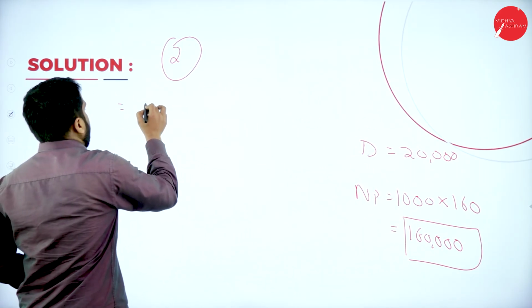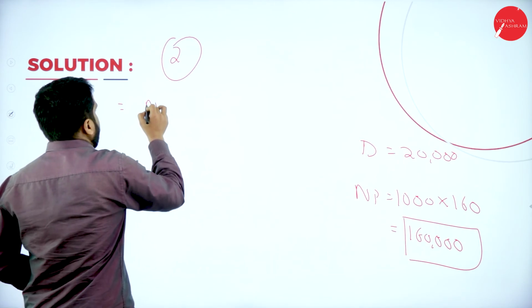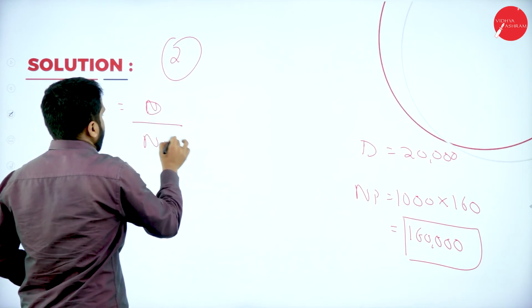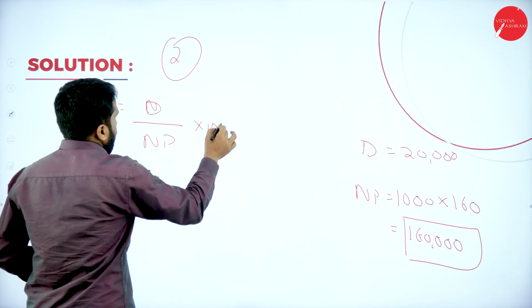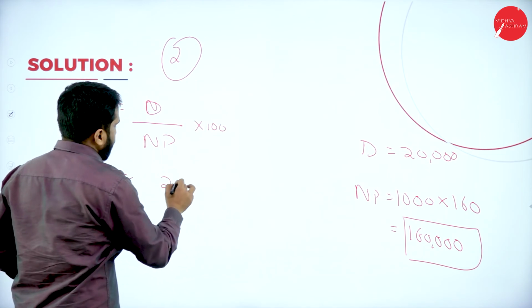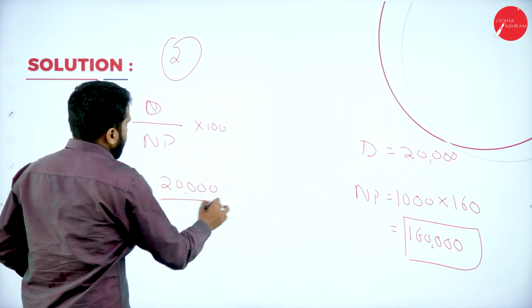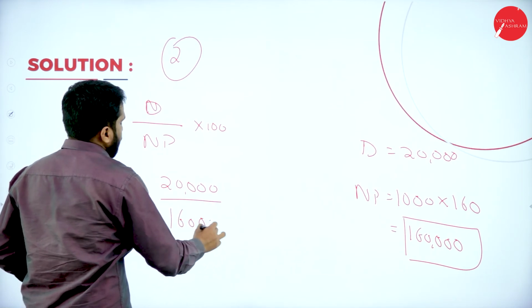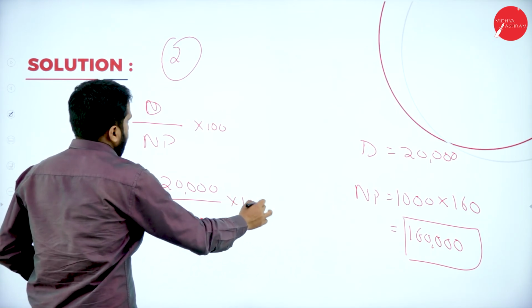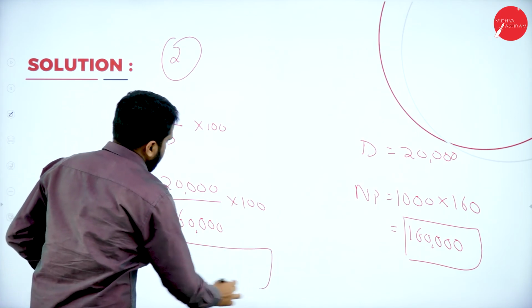Now, your net dividend divided by net proceeds into 100. What is your dividend? 20,000. What is your net proceeds? 1,60,000. Multiplied with 100. What is your answer?